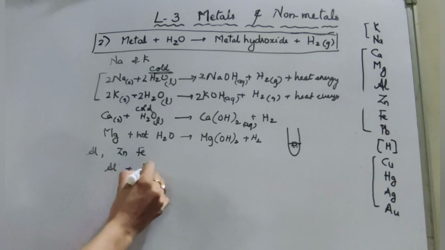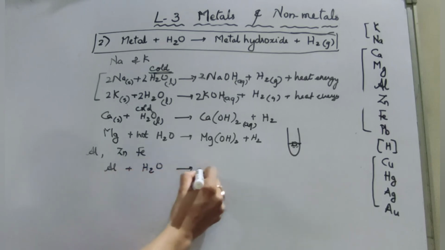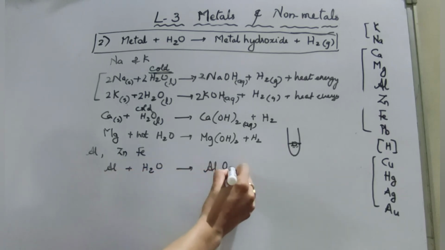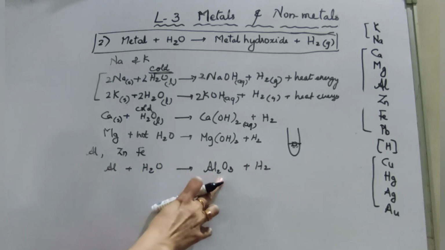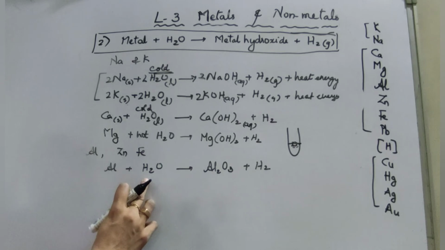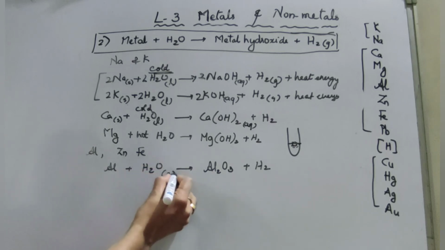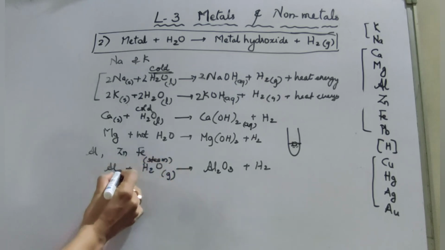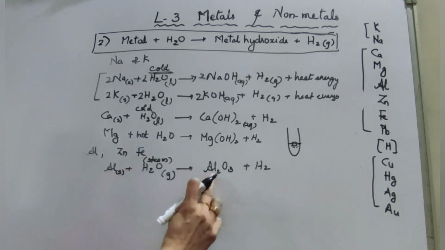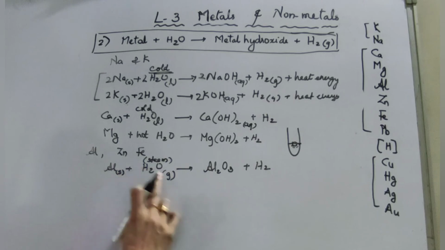Aluminum reacts with water to form aluminum oxide plus hydrogen gas. The product is aluminum oxide, and this water is steam, so we mention it as gas form. Aluminum, we know, is a solid, and aluminum solid reacts with gas.